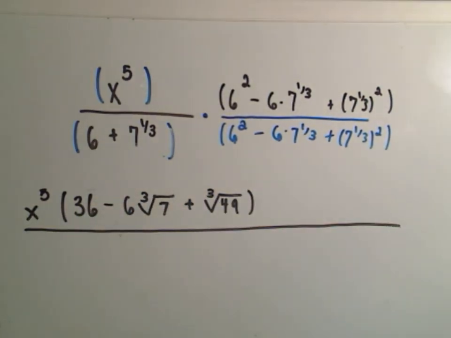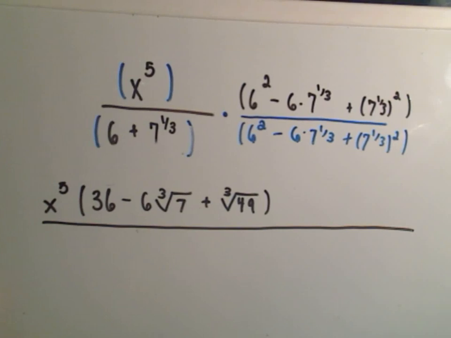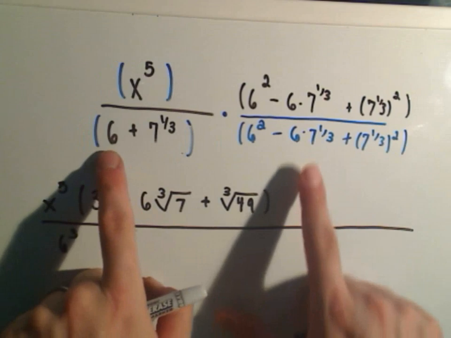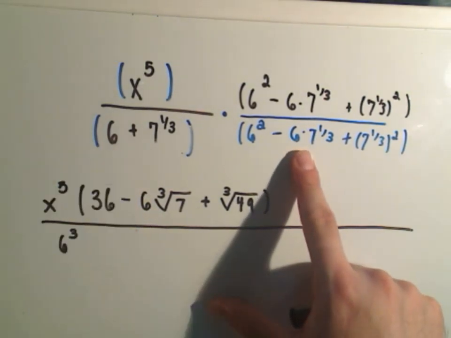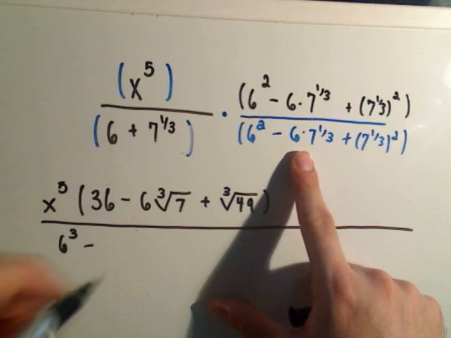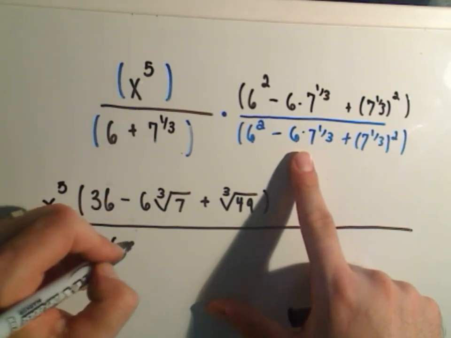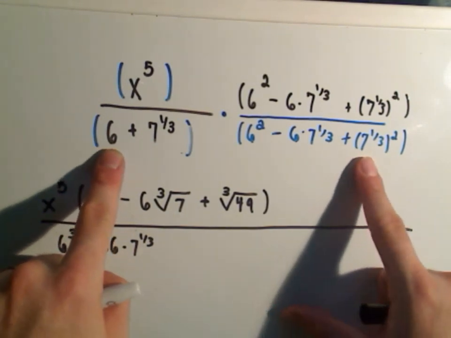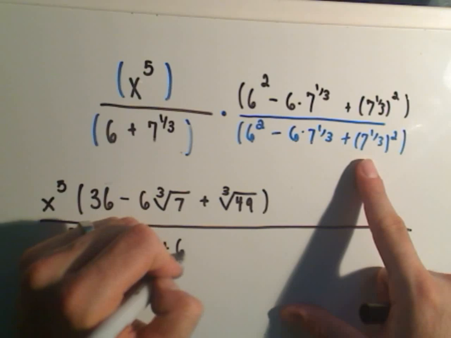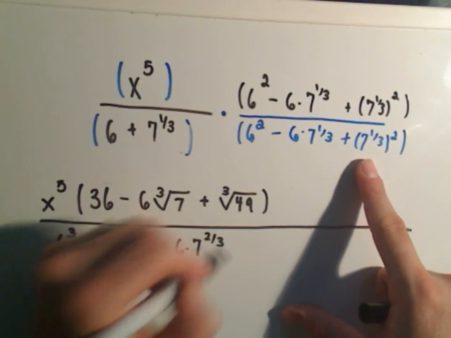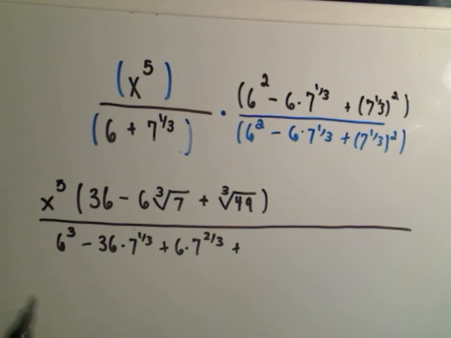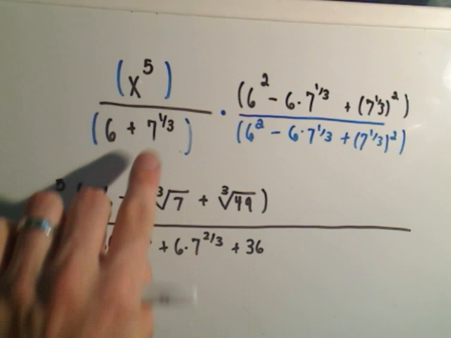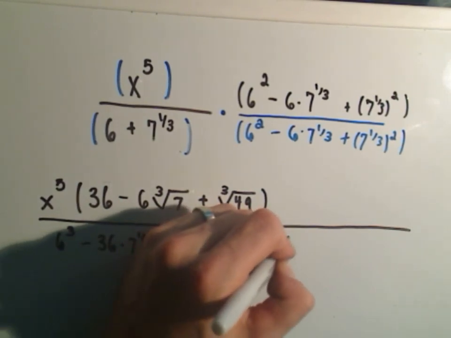Now my big denominator, so I'm going to foil everything out and be pretty careful here. You get 6 times 6, which is 6 cubed. If I take 6 times the negative 6 times 7 to the 1/3, I'll get minus 6 times 6, which is 36, times 7 to the 1/3 power. If I take 6 times 7 to the 2/3 power, I'll get plus 6 times 7 to the 2/3 power. Plus, on the inside, I'm going to get 6 squared, which is 36, times 7 to the 1/3.